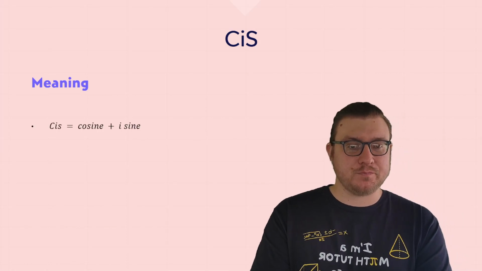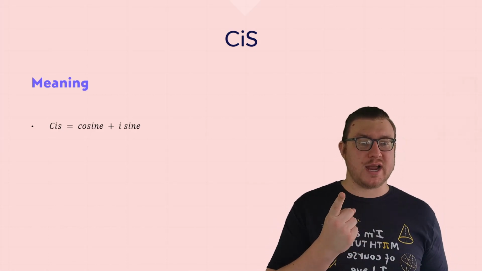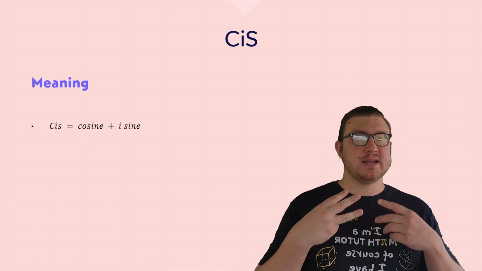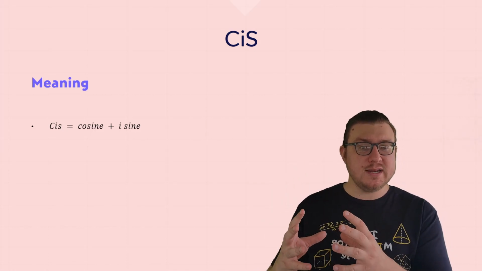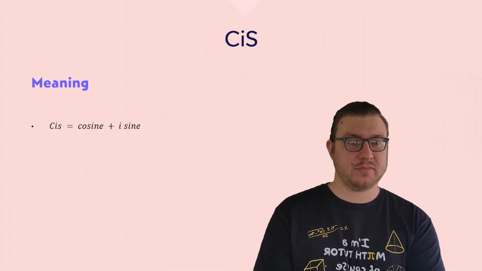Why do we use cis, and what is the meaning of it? So cis is a combination of c, which stands for cosine, i, the imaginary number, and s, which stands for sine. So if we combine them, it's the cosine of something plus i multiplied by sine.